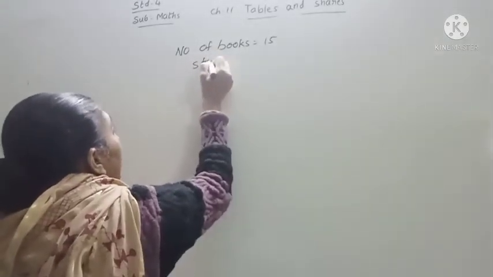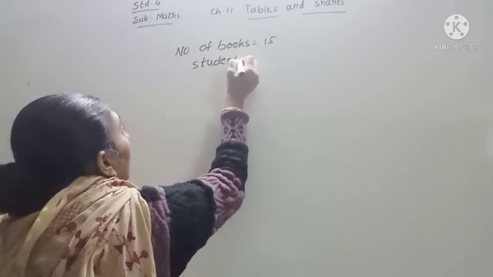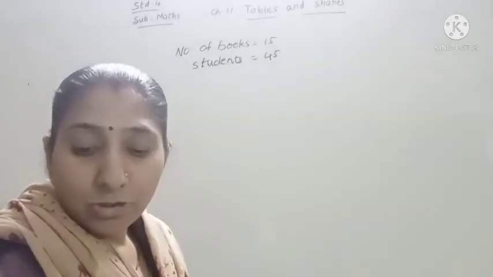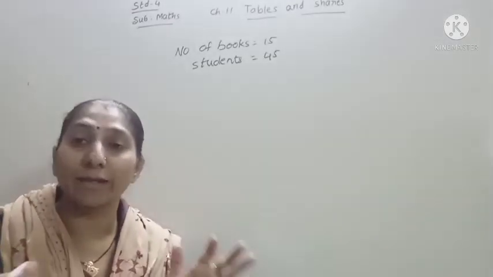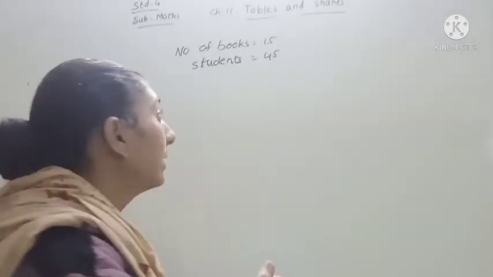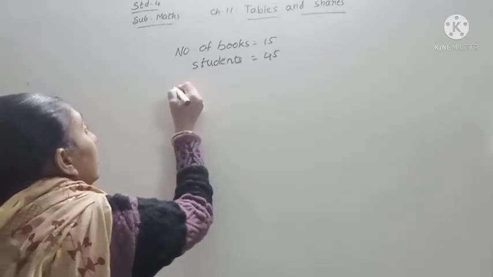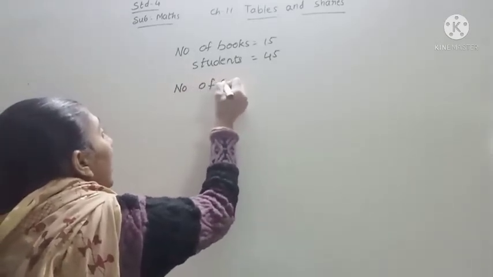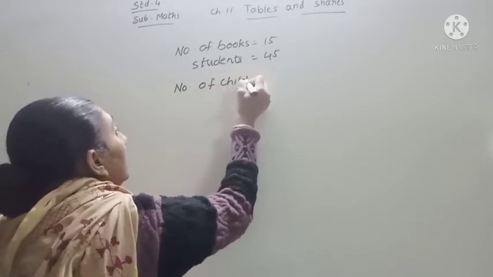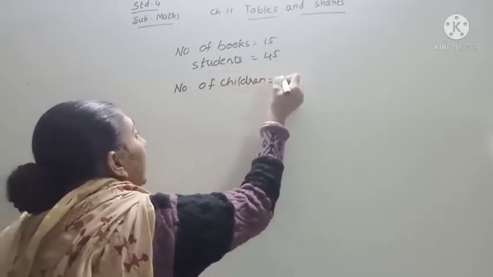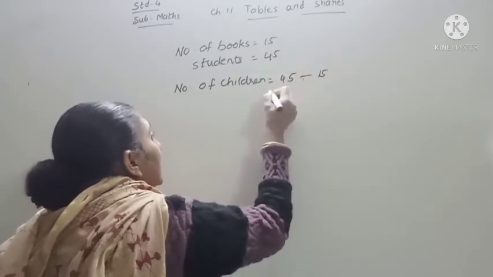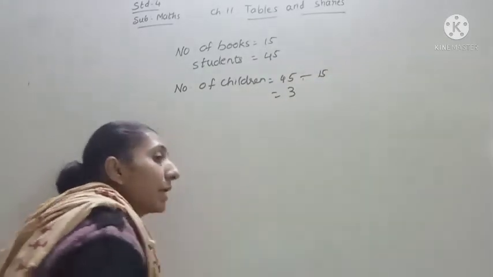Number of students is equal to 45. So number of children that will share the book is equal to 45 divided by 15 is equal to 3.